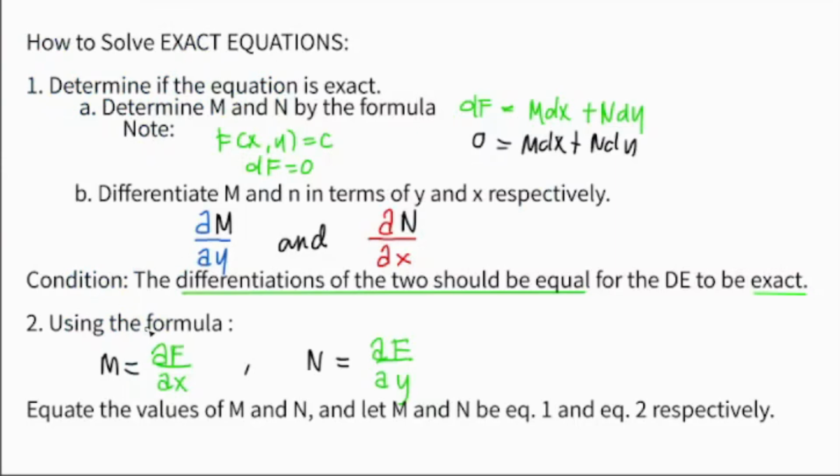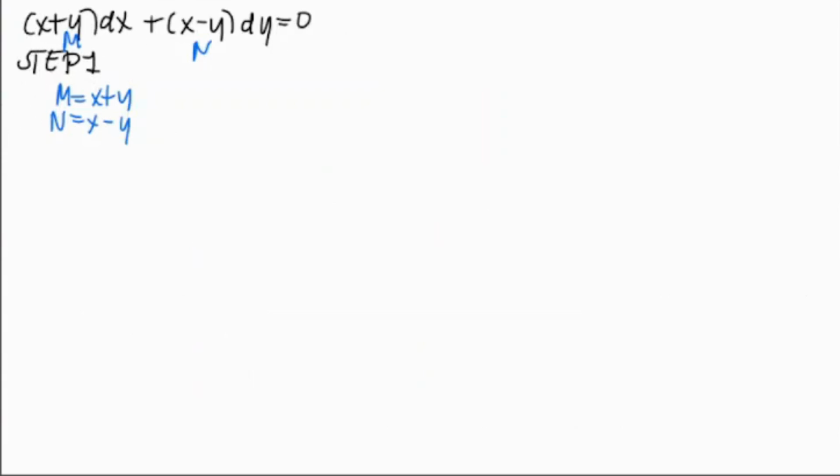Step 2 is to differentiate m and n in terms of y and x respectively. So, differentiate natin yung m in terms of y and differentiate natin yung n in terms of x. So, magiging d over dy yung m, is equal to x will be considered as a constant. So, differentiating a constant will result to 0.